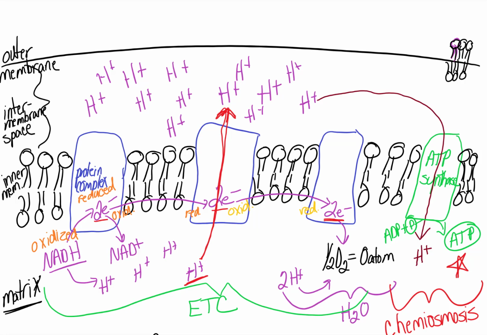So we can't forget that big picture, that this NAD is actually reduced by oxidizing the food, like glucose, that we have consumed. So I hope drawing this out really helps you visualize what's happening in oxidative phosphorylation, both in the electron transport chain and chemiosmosis.